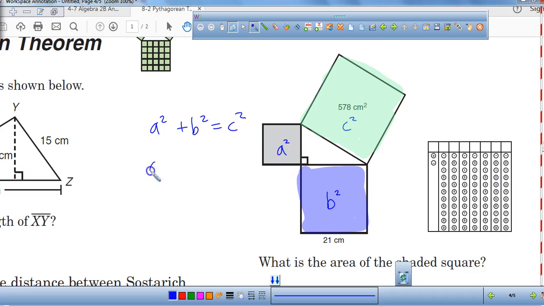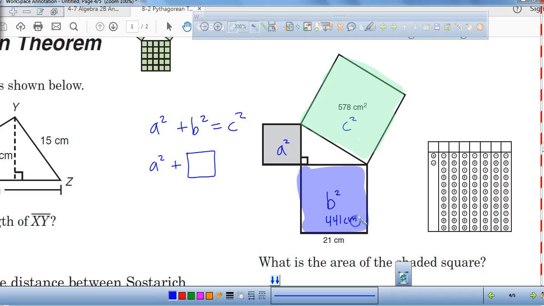For a squared, that's what we're trying to find. Now for b squared, what is that area? 21 times 21. That should be 441 centimeters squared. So put 441 right there. Now c squared, it's already been squared for you. It's 578.